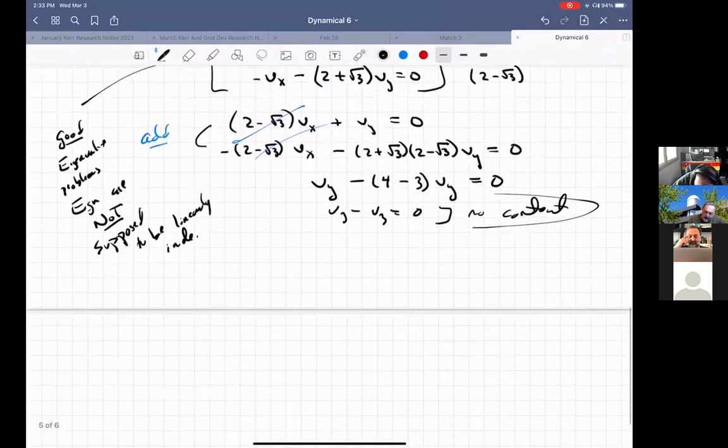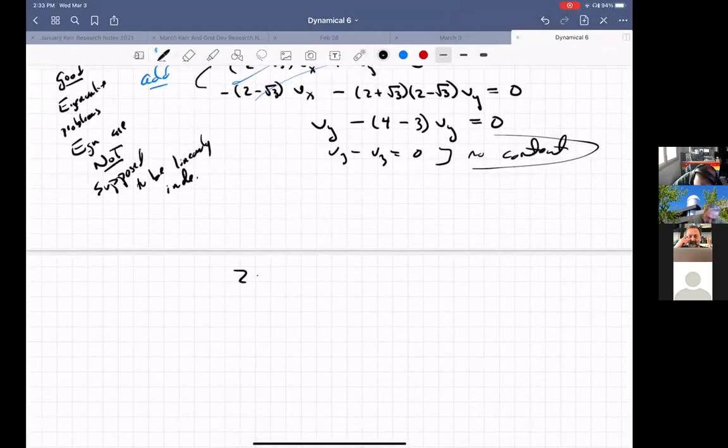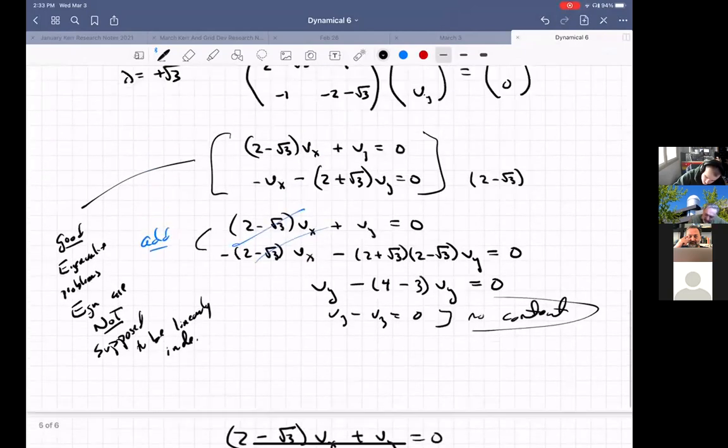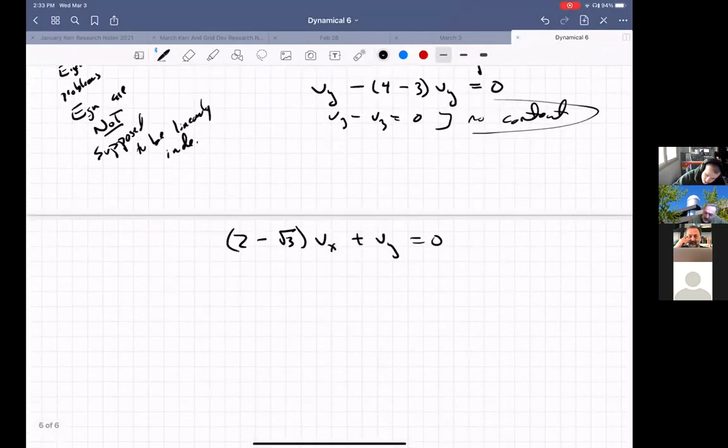One of the equations says 2 minus root 3 Vx plus Vy is equal to 0. So the top line says that, okay? And so what I'm going to do is set Vy to be +1.